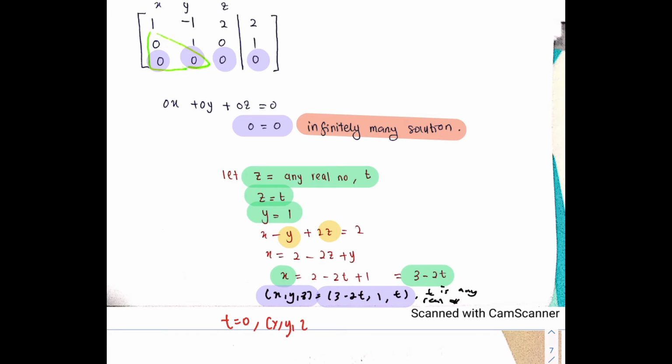Therefore, x, y, z is equal to 3, 1, 0. We can also take t equal to 1. So your x, y, z will be equal to 3 minus 2 is 1, 1, 1. So this is an example of the case of infinitely many solutions.